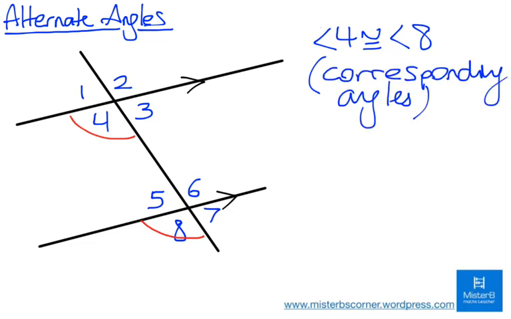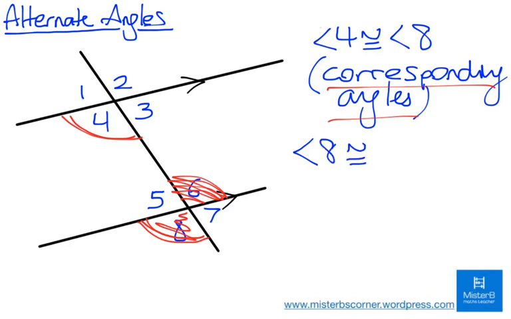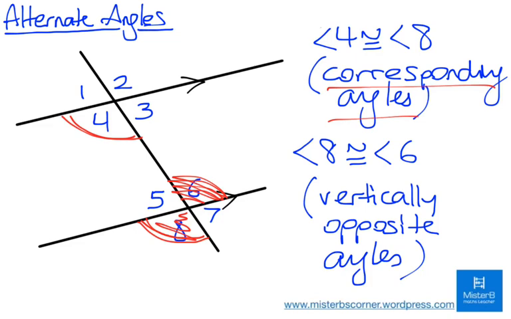So angle 4 is congruent to angle 8 because they are corresponding angles. And what's more, angle 8, which is here, is vertically opposite to angle 6. So I can say angle 8 is congruent to angle 6, and the reason is that they are vertically opposite.